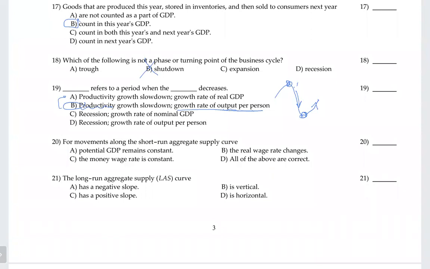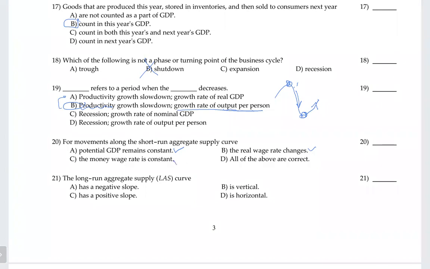Let's go to 20. For movement along the short-run aggregate supply curve: A, potential GDP remains constant. Yes, this is true. B, the real wage changes. Actually, yes. C, the monetary wage is constant.